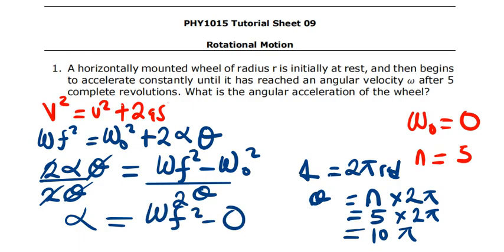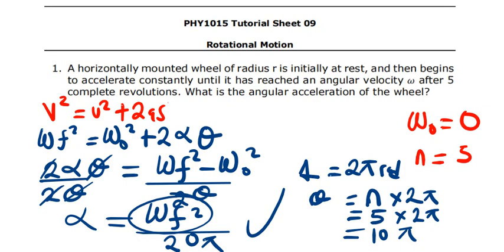Our initial is 0, because it starts at 0, so I'm just going to write the wf squared, divided by 2 theta. We've already been given that theta is 10 pi, so I'm going to multiply by 2. 10 multiplied by 2 is 20, so I'm going to have 20 pi. Basically this will be our answer. We would have solved fully if we were also given the final angular velocity. So that will be your answer for the first question.